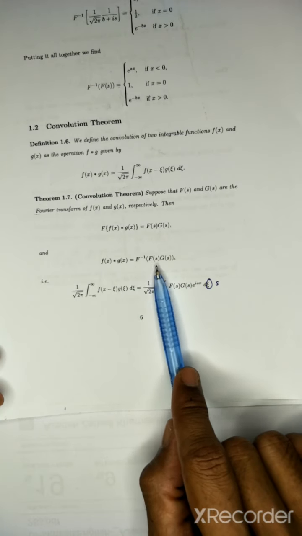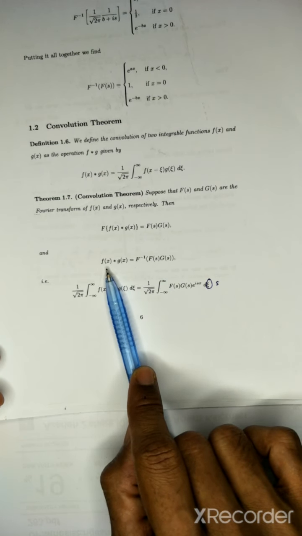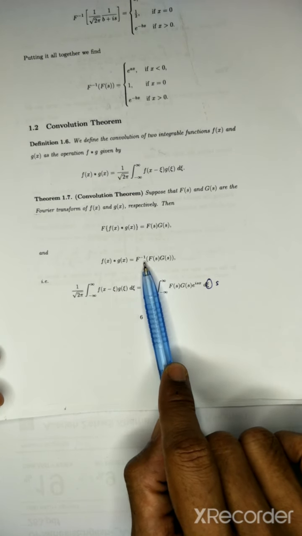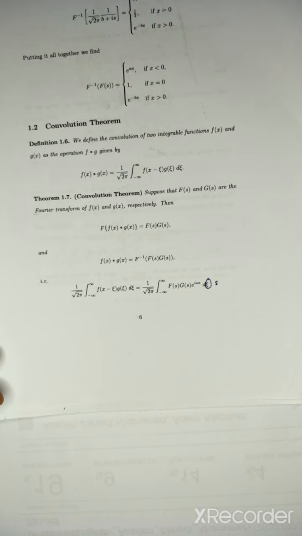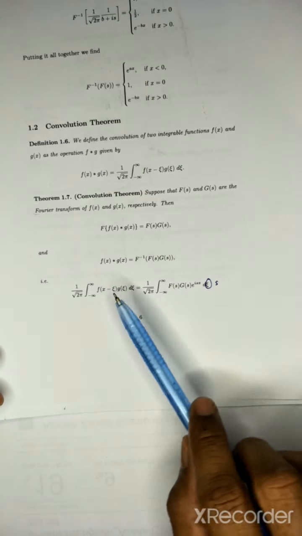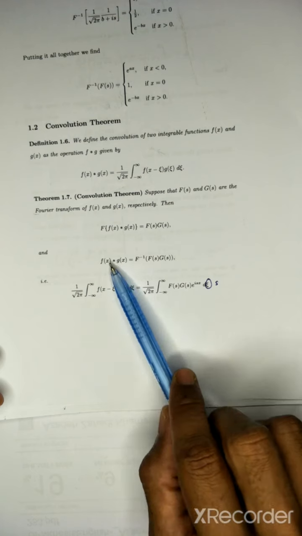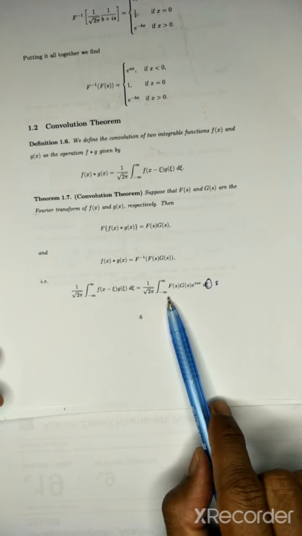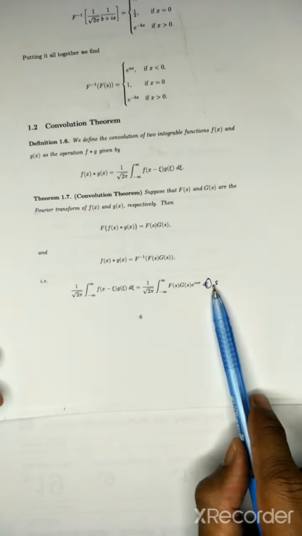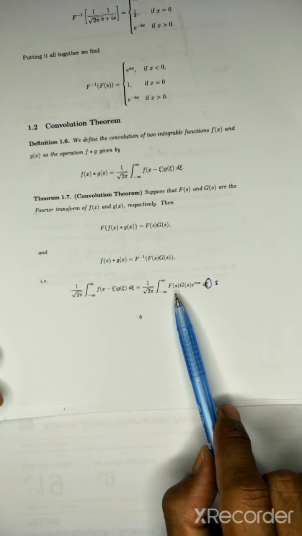The inverse Fourier transform gives us back f(x) and g(x), the inverse of the Fourier transforms of f and g. This follows from the definition of convolution on the left side, and on the right side it is the inverse Fourier transform of F and G.